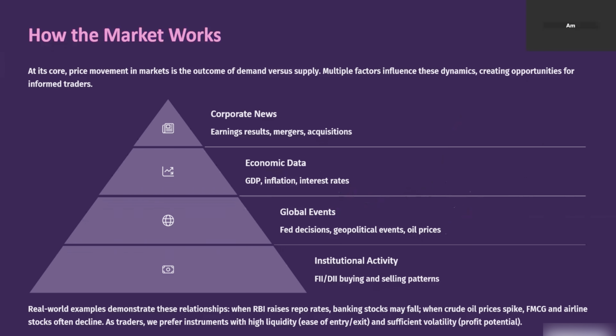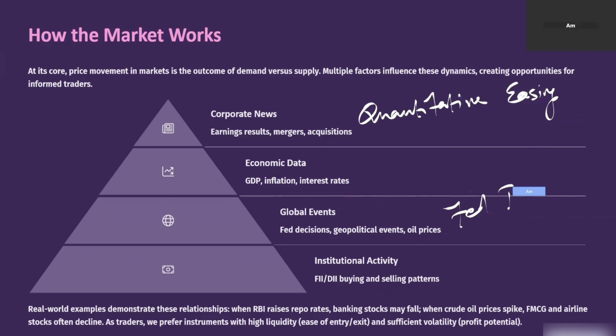Now you need to understand these two terms. There is something called quantitative easing, and the opposite of that is Fed tapering. Quantitative easing means interest rates will reduce. They want to increase liquidity, so to increase liquidity, interest rates will reduce and more money will be pumped in.